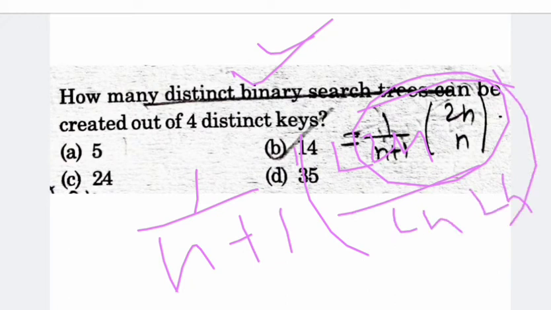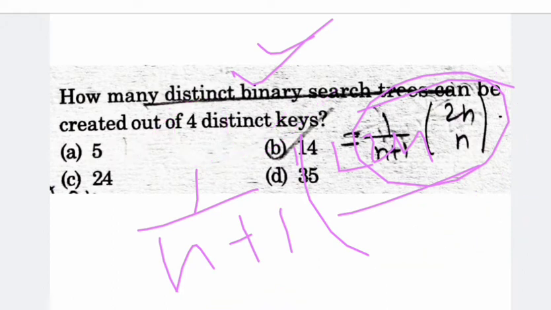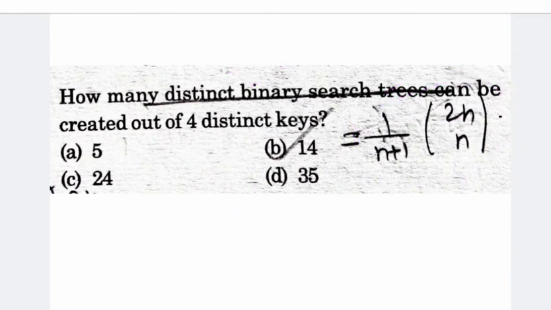After putting in the value of n, that is 4, we get the correct answer 14, option B. So option B is the correct answer. This is a very easy question, which is formula based.